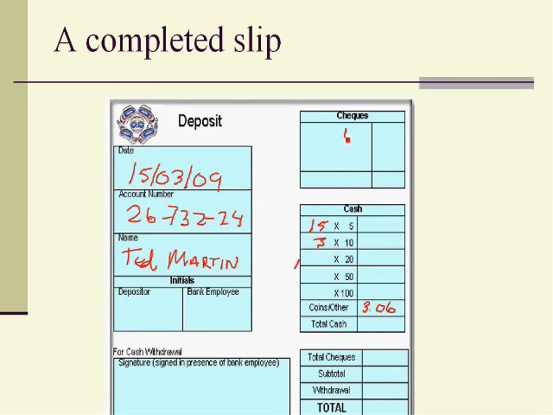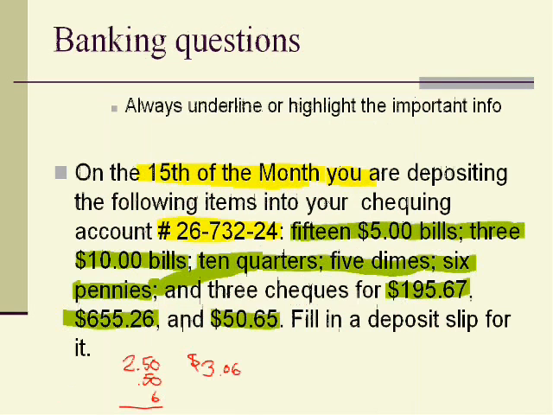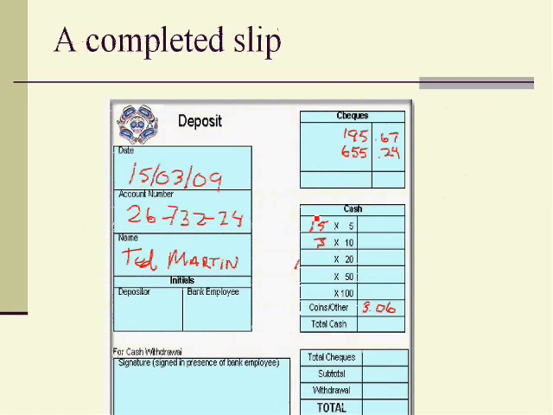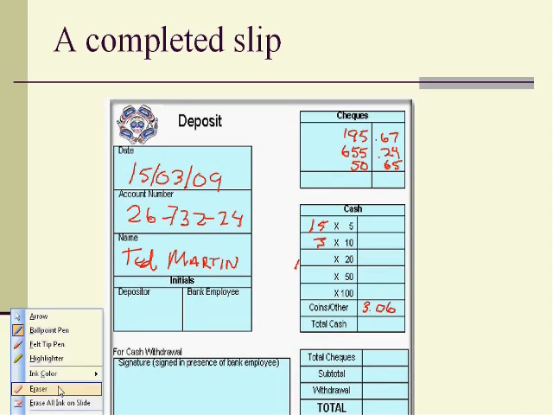I think the next one was for $655.24. Let's just flip back and check that. $655.26 and $50.65. Just going to go down here, grab my eraser, get rid of that 4, and change it to a 6.